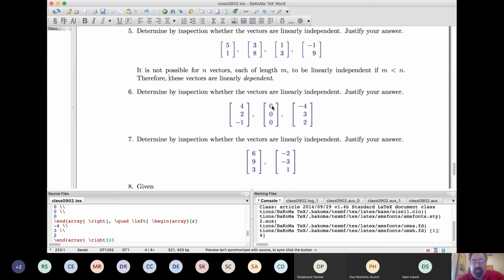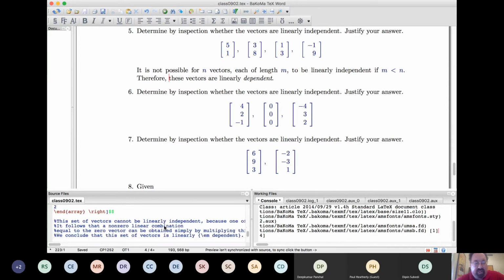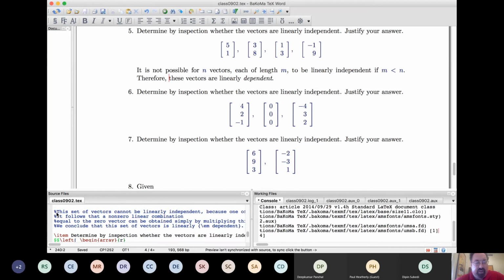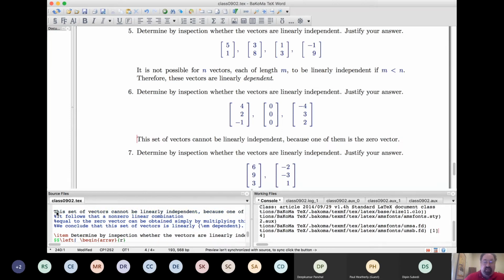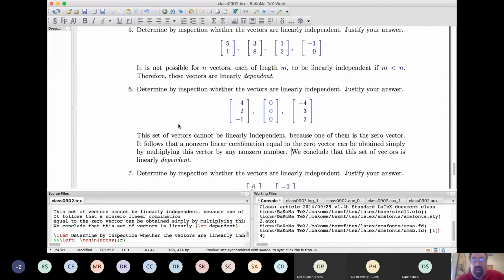One of them is a 0 vector, so you can certainly have a non-trivial linear combination of these being 0 just by picking this one. So if a set of vectors wants to be linearly independent, they all must be non-zero. So toss out any 0 vectors that you have.